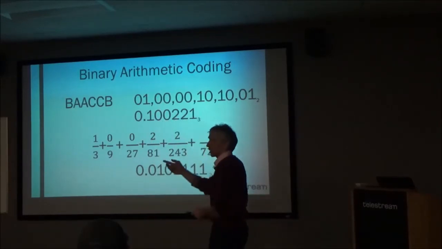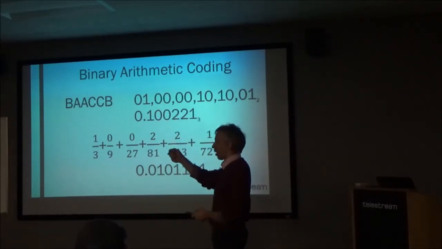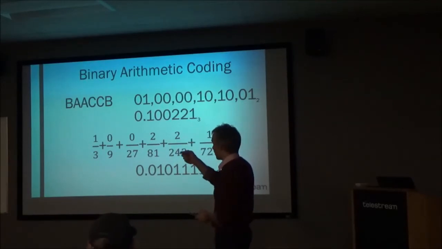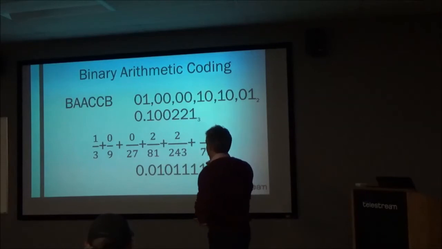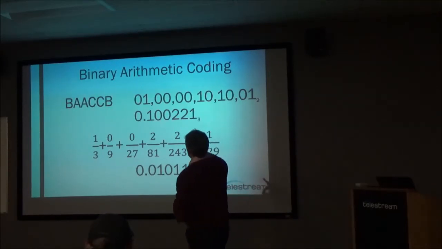And I'm doing the fraction thing that I talked about, like a half, a quarter, an eighth in binary, but that's a third, a ninth, a 27th in trinary, ternary, I don't know.